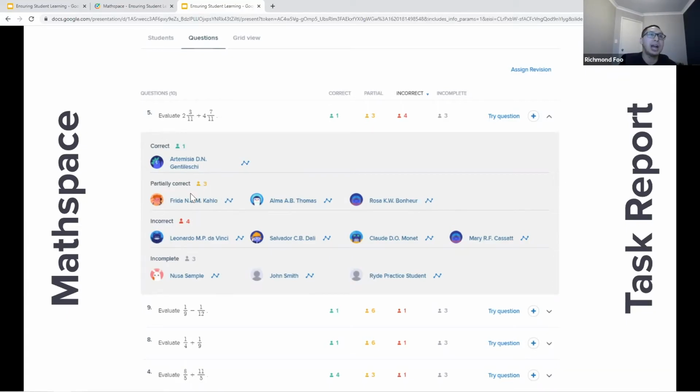And you can see that out of all of the students who have attempted, there's 8 students here, 7 of them have had some sort of difficulty. And so the difficulty does seem to be about adding mixed fractions together, so struggling with the wholes and the fraction section. So again, this might be a misconception that you might need to address directly with the whole class, or maybe with very specific kids.